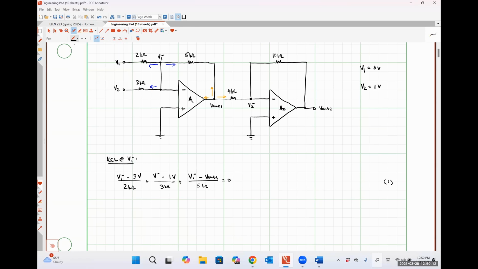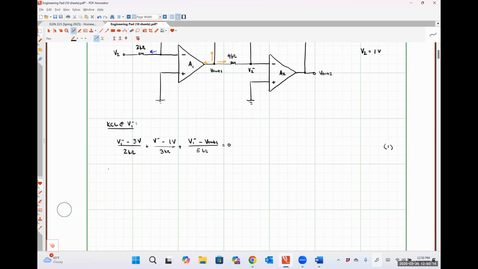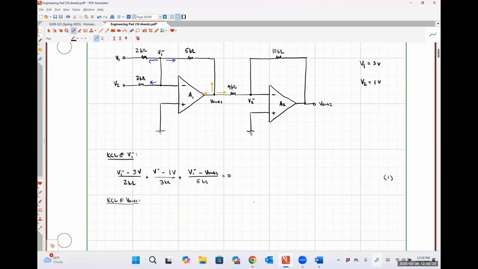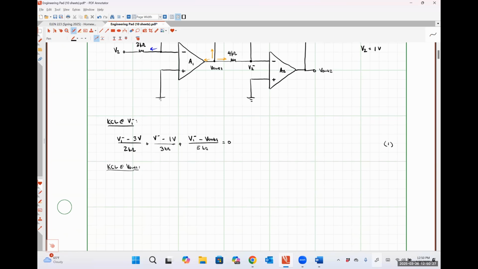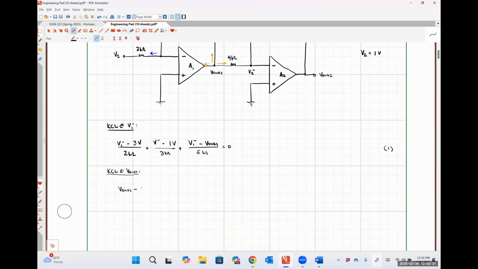So if we try to apply KCL at V out 1, the current that's flowing up through the feedback path is pretty easy to figure out. That's just going to be V out 1 minus V1 minus over our feedback resistance, which was 5 kiloohms.